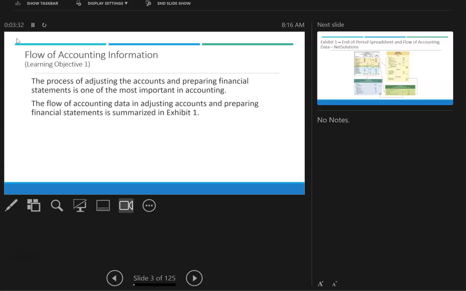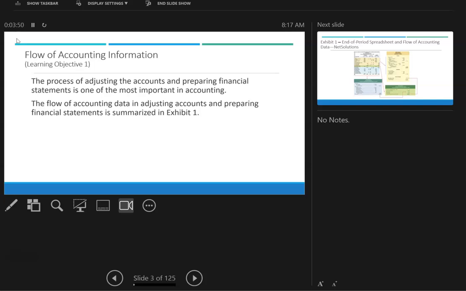So we're going to talk now about what we do now that we have this adjusted trial balance. We know the goal of accounting is to process the data, but ultimately to communicate the accounting information to the end user.